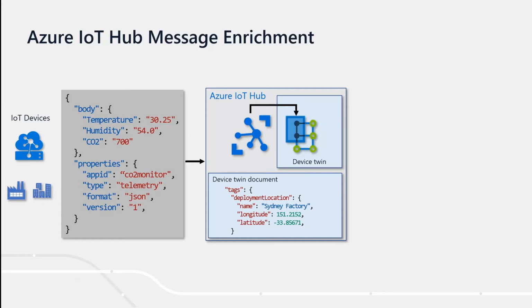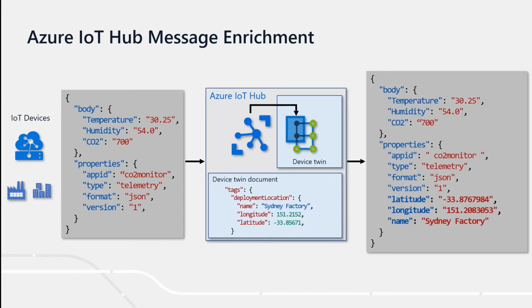In this case I've called it Sydney Factory, and I've also been quite specific about the longitude and latitude. Now, as messages flow up from the device through IoT Hub, you can see that the message has been enriched. We've augmented that message with additional information that we're providing up in the cloud.